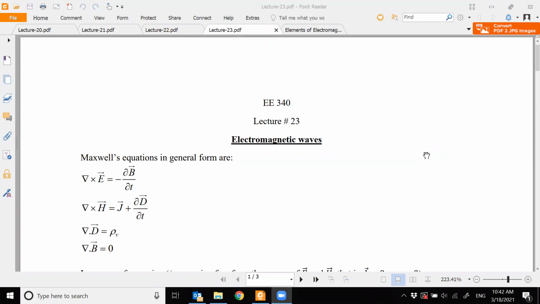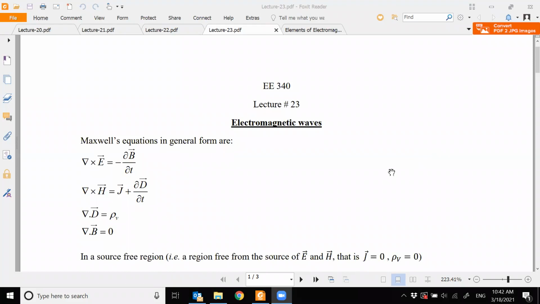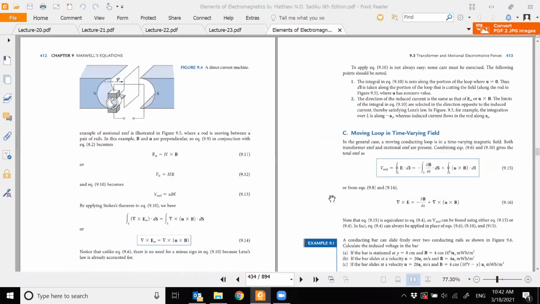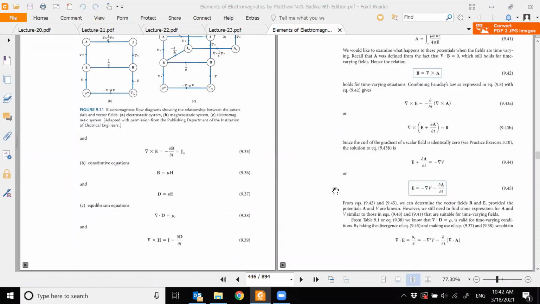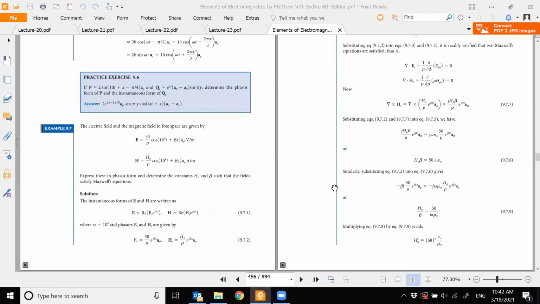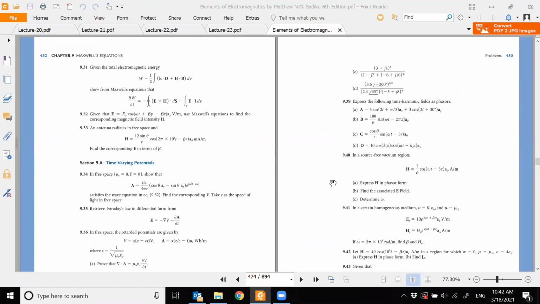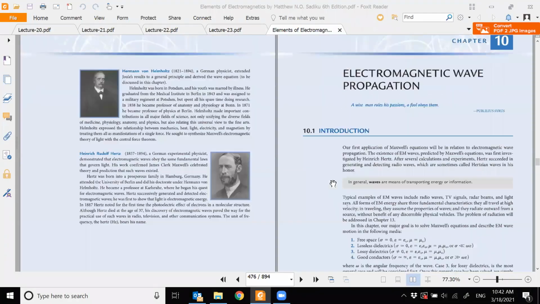Now let's go to our next chapter. This concludes chapter number 9. Now we are going to the main part of electromagnetics, where we consider electromagnetic wave propagation.